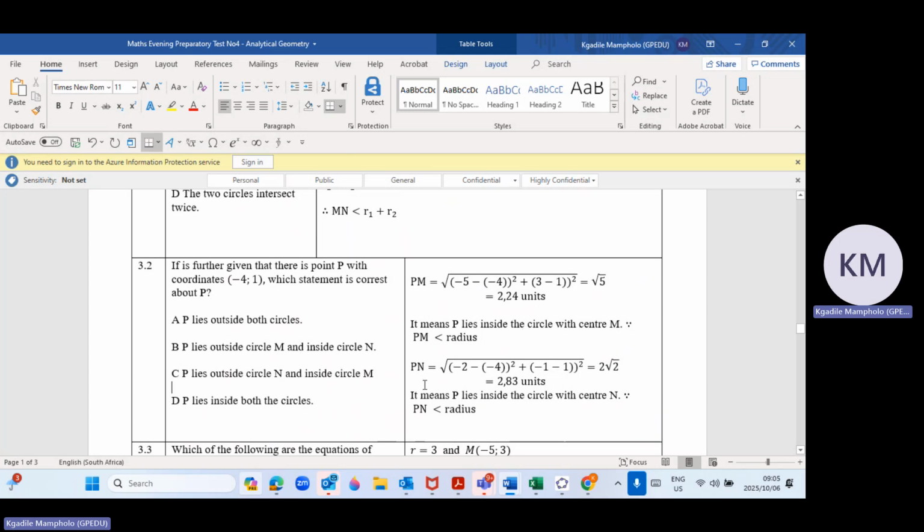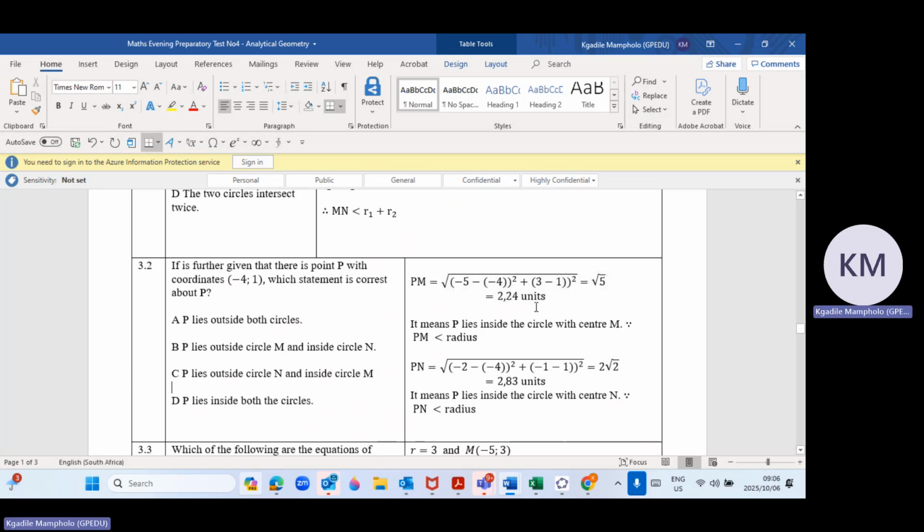Now, we also calculate the distance between P and N, which is the center of the other circle. We found the answer is 2 root 2, which is 2.83. If we check, R1 is 3 and R2 is 4.